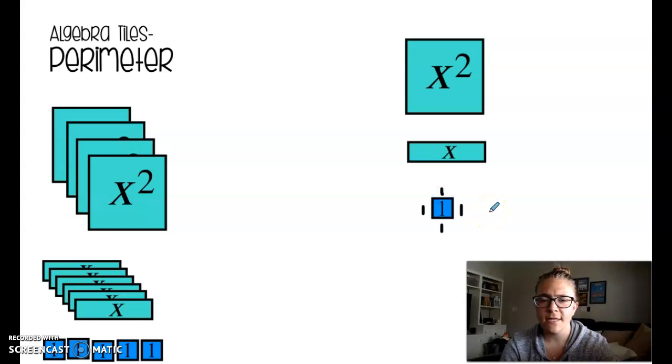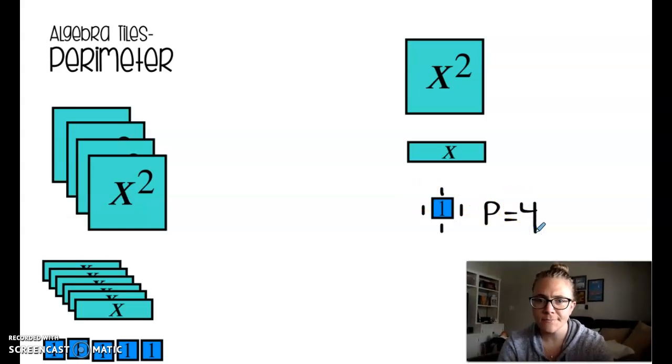If we were to find the perimeter of the ones tile, we would just add up all of the side lengths as if we were walking around the shape. So we would have 1, 2, 3, 4. So our perimeter would be 4 units for the ones tile.